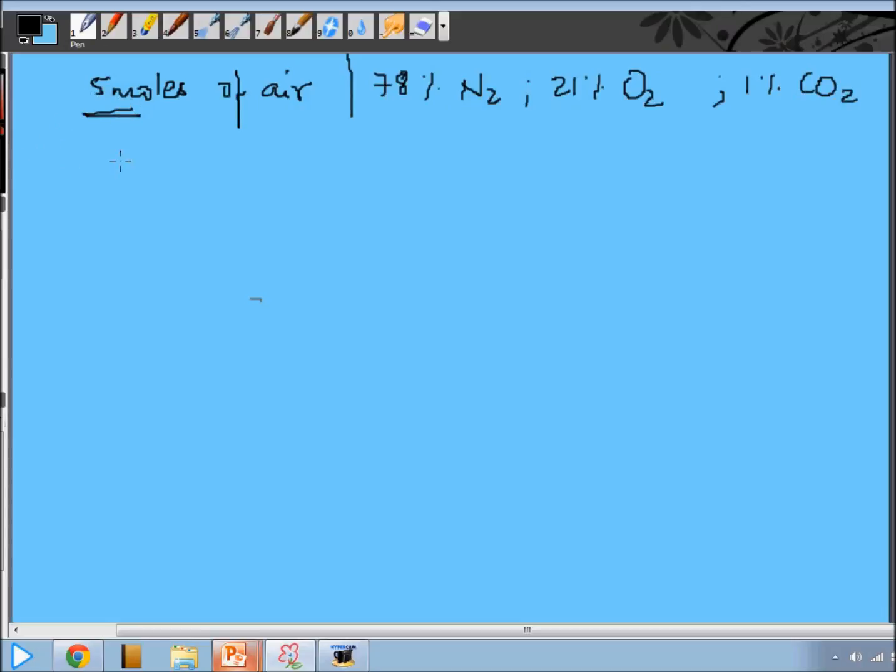So let's directly use the formula. The formula for percentage by mole is given moles divided by total moles multiplied by 100. So percentage by mole of nitrogen in air is equal to 100 multiplied with a fraction.